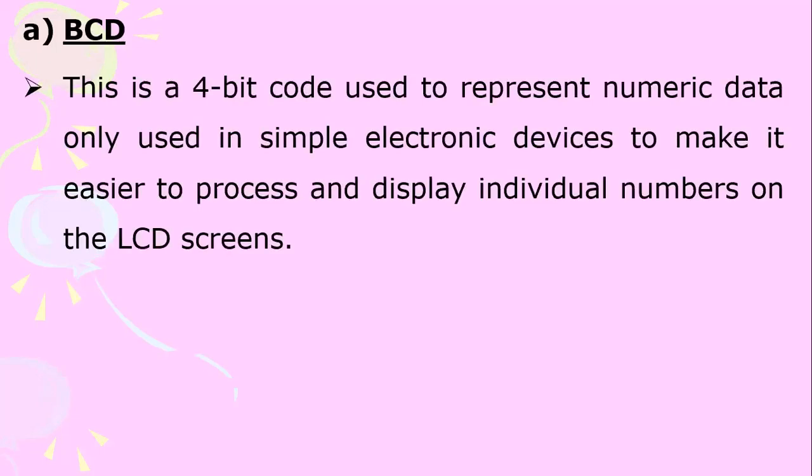Let's look at BCD. This is a 4-bit code used to represent numeric data only, used in simple electronic devices to make it easier to process and display individual numbers on the LCD screens.